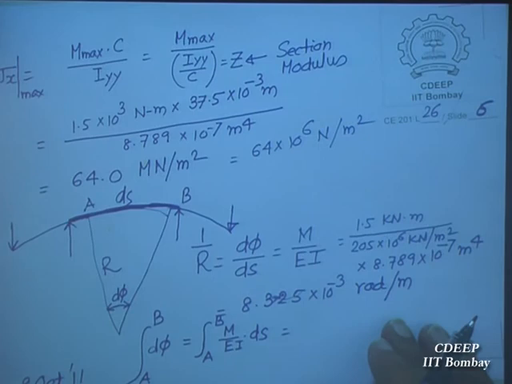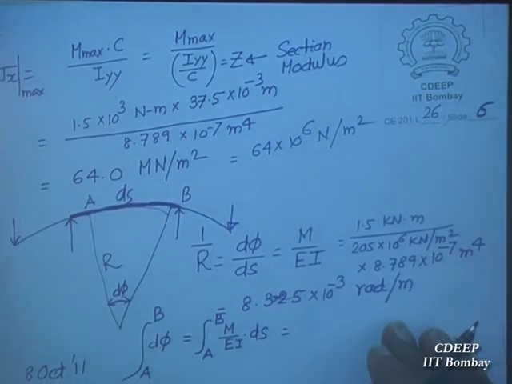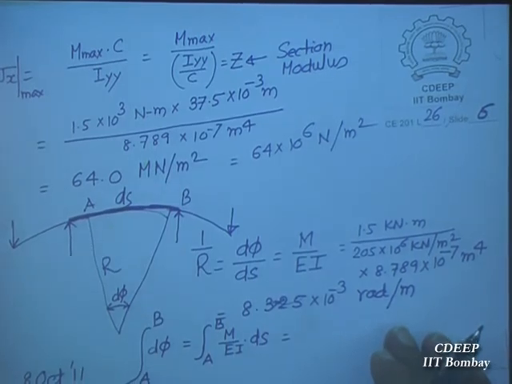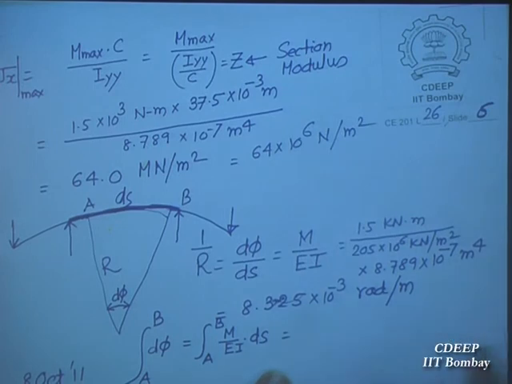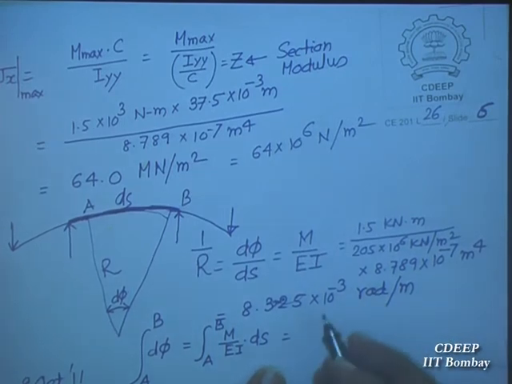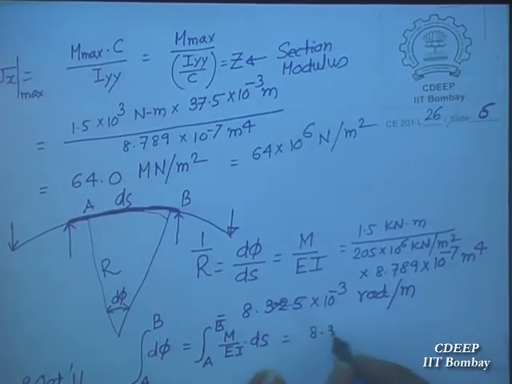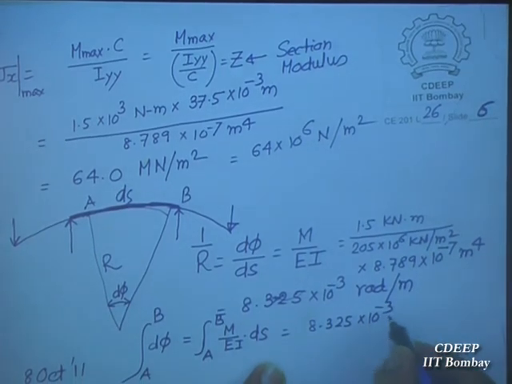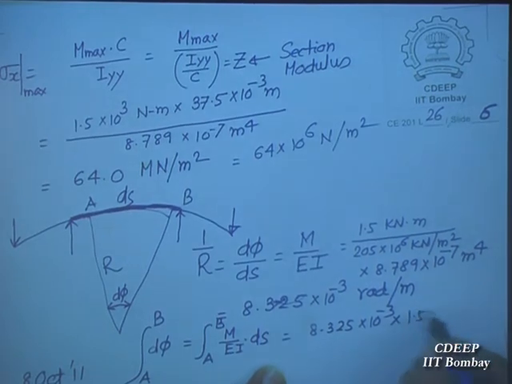This you integrate, m by EI we have found out, and ds is 1.5, so it is 8.325 into 10 to the power of minus 3 into 1.5 meter.